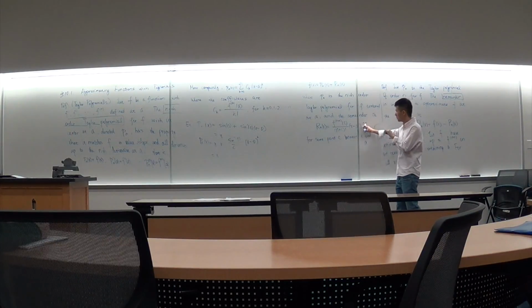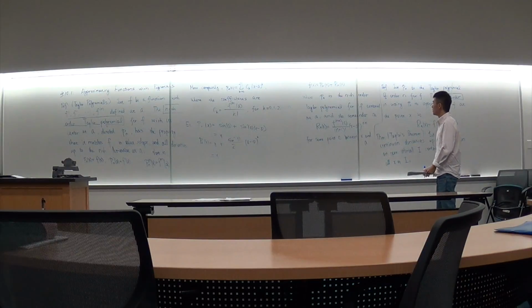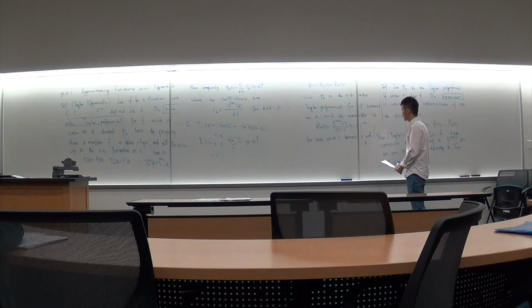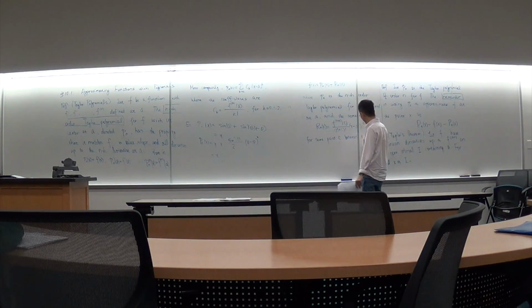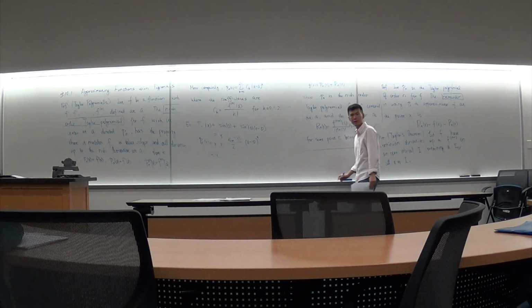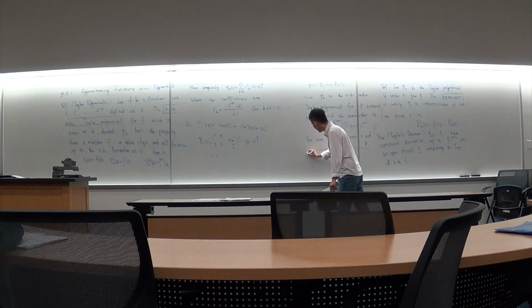Let's look at this formula for r sub n. First let me write out the last term of the nth order Taylor polynomial for f centered at a. What is this p sub n?